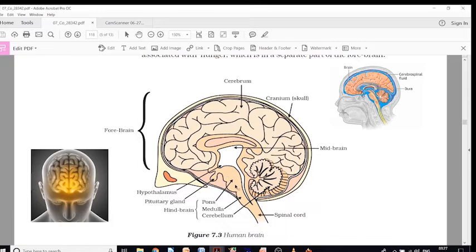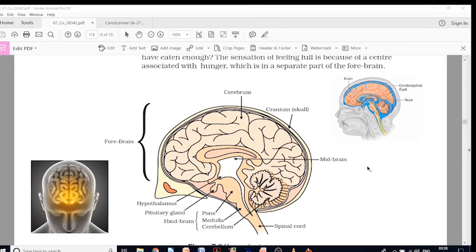So the pons is a bridge, and it carries all the sensory and the motor neurons between the brain and the spinal cord. The spinal cord is actually the extension of the medulla oblongata, and this spinal cord then extends into our vertebral column. So it is a tubular or cylindrical structure.